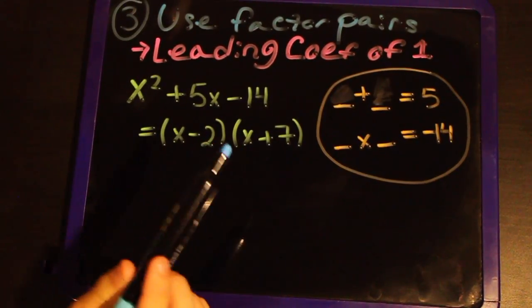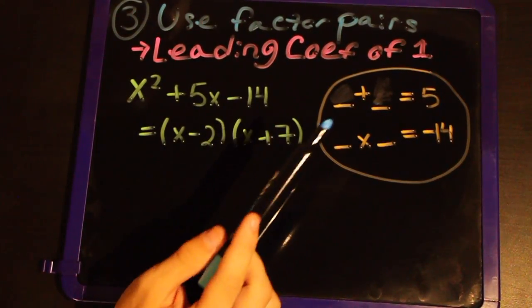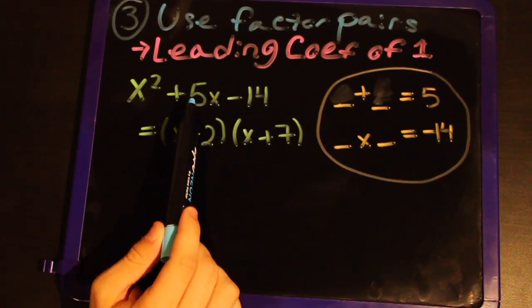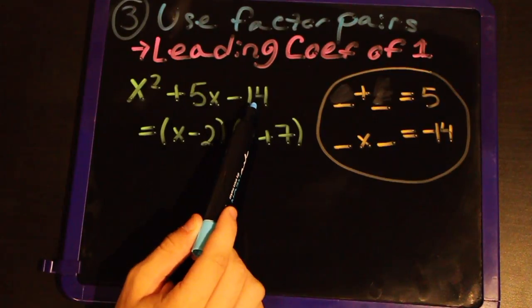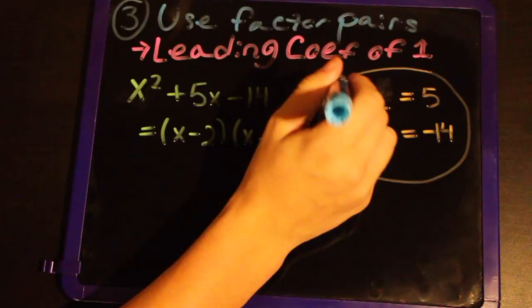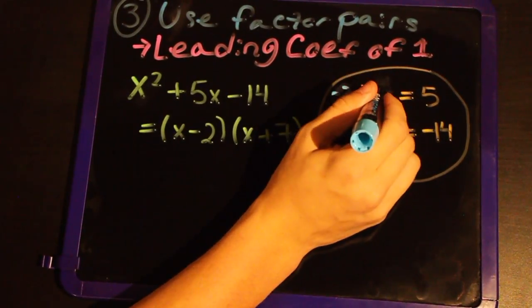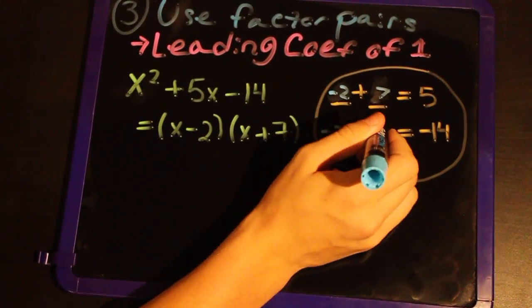Now, what we're going to do to factor this further is find two numbers that add up to 5, but we also want them to multiply to negative 14. So when we think about that, two numbers that add up to 5 would be negative 2 and 7. And then when we multiply negative 2 by 7, we get negative 14.